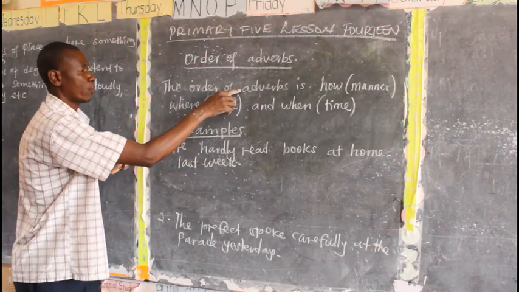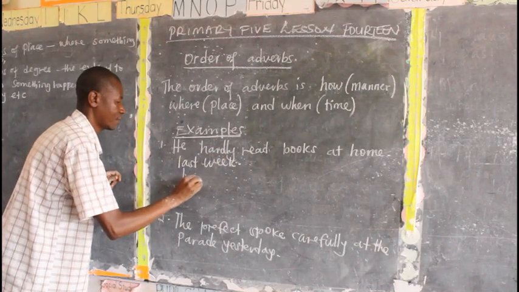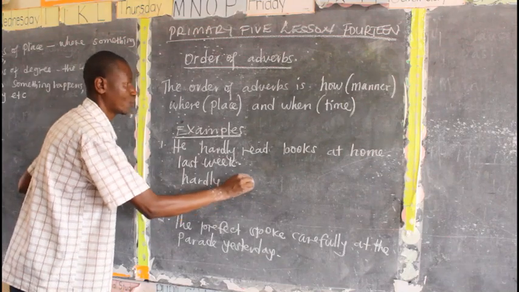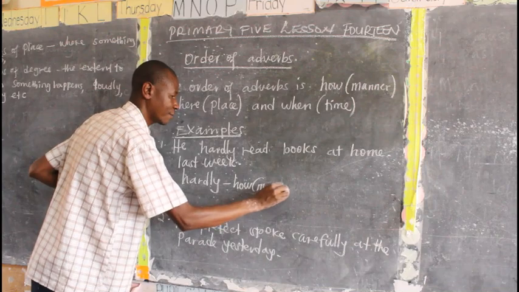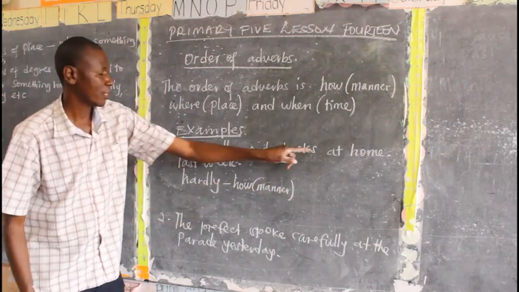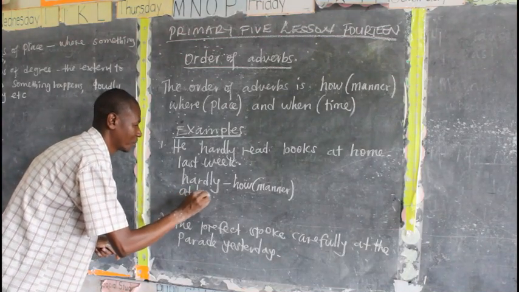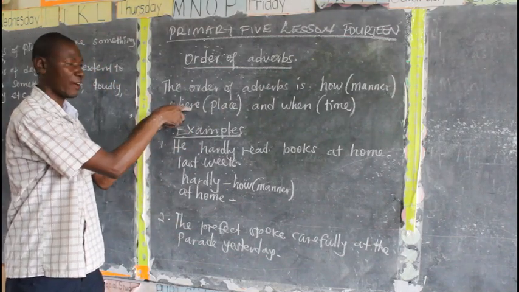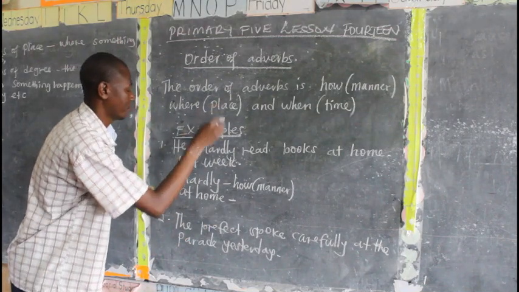Let's now look at the order. We have said how. So hardly is how, which means it is manner. We hardly read books at home. Now we have at home. That is talking about where, place.